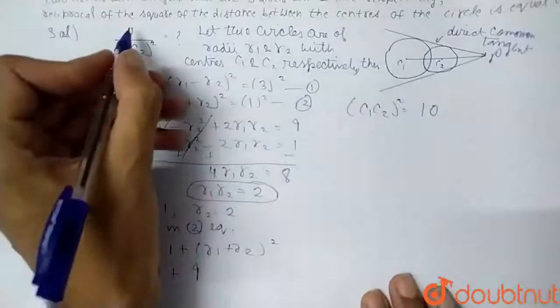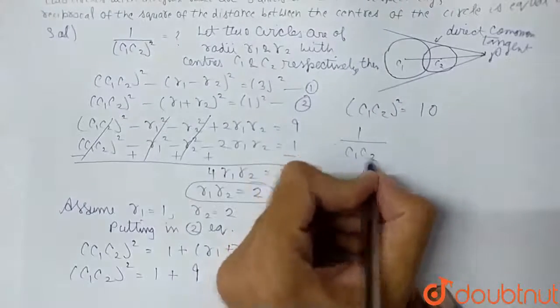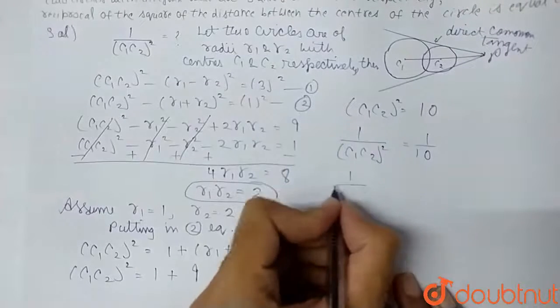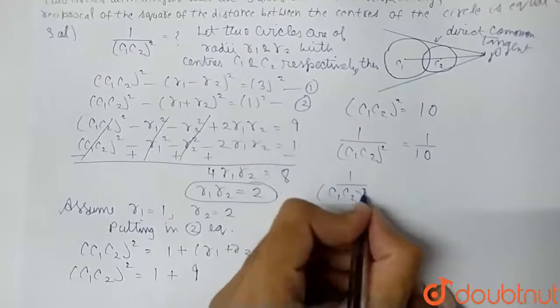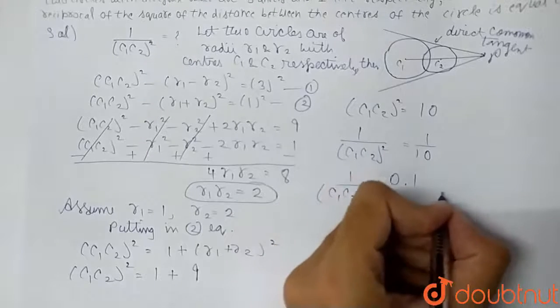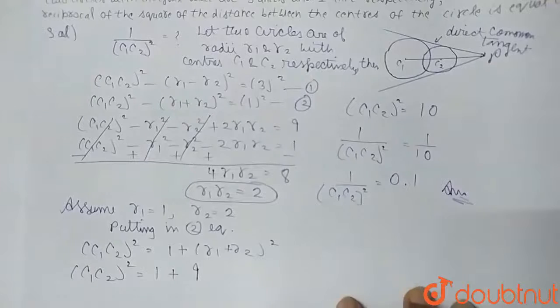But we have to find the reciprocal of this, so 1 by C1C2 whole square is equal to 1 by 10, which is 0.1. So 0.1 is the correct answer for this question. This is our required answer.